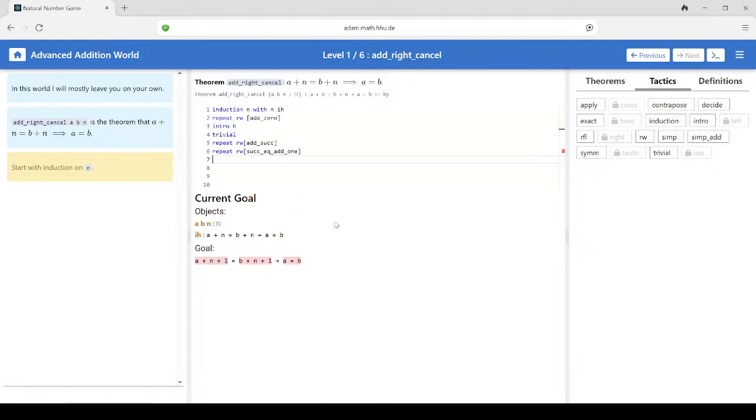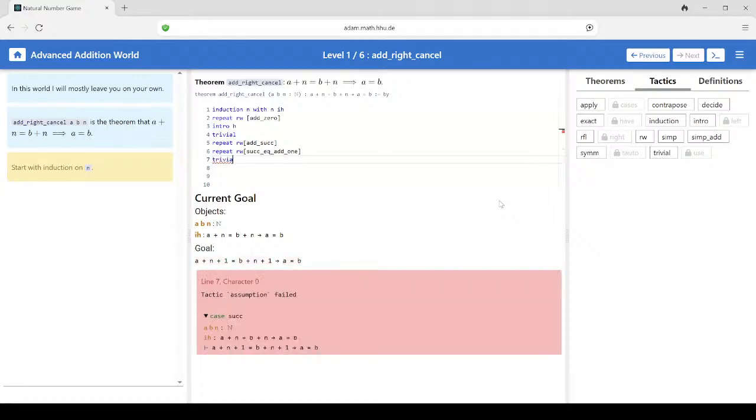Can I get rid of the ones? It's worth an attempt.